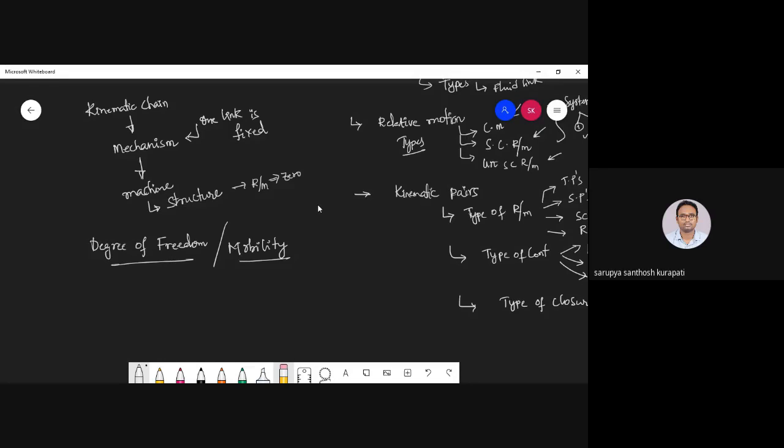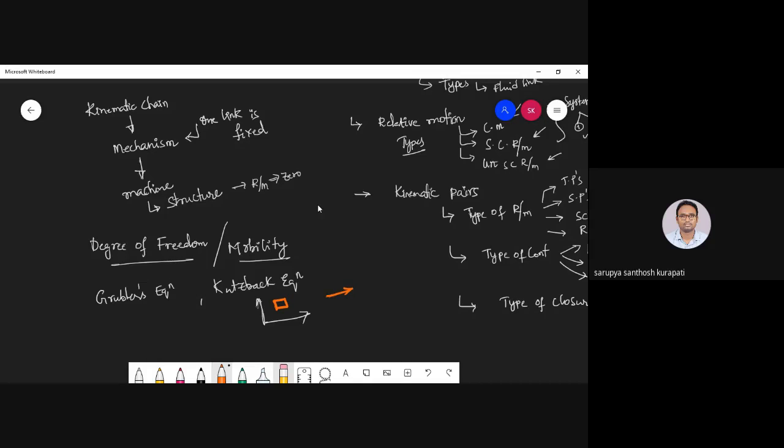And then we went on to derive Grubler's equation and Kutzbach equation. On a plane, like on a 2D diagram, we have discussed the equation. So this is the body.